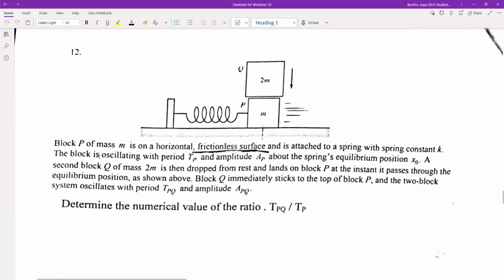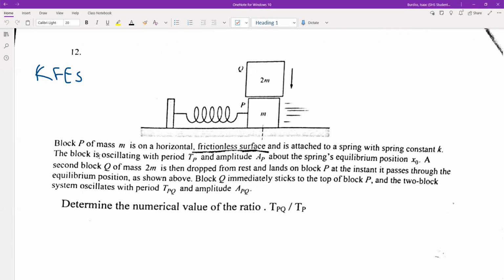Now we have free response questions too, and we gotta do things right to get all the points. Okay, so still you use the same process on these. Okay, so what do we know? Block P has a mass m.